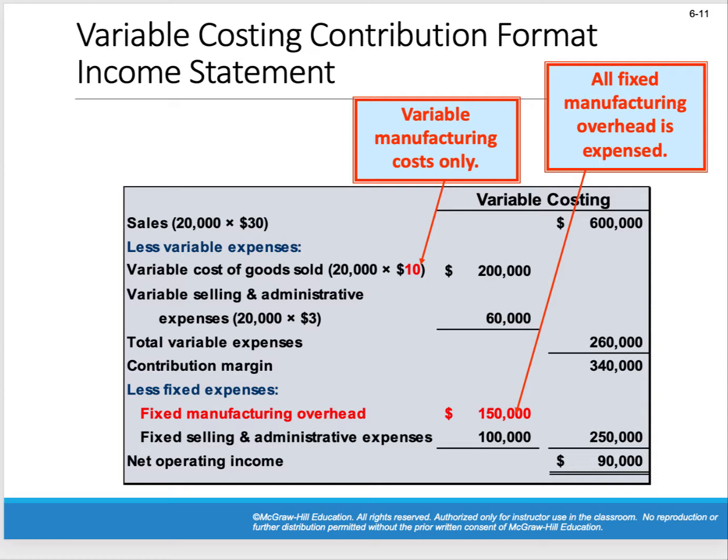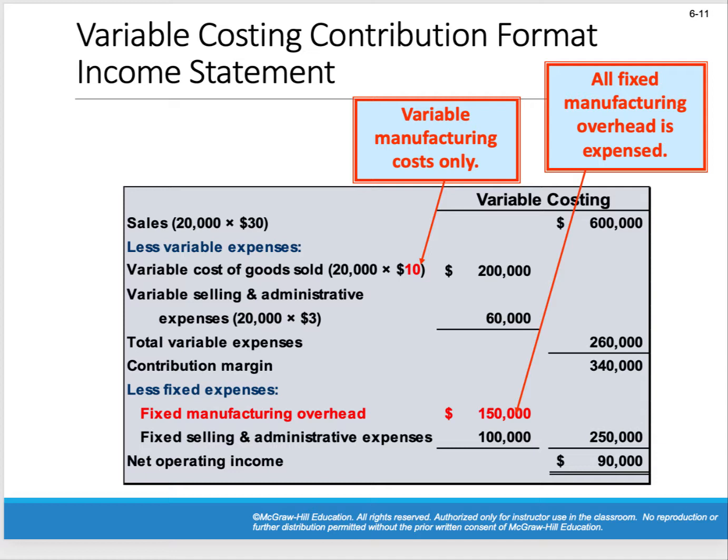Notice the most important things on this slide that they're telling you. Number one, since we're doing variable costing, we got to use the contribution format income statement. Number two, whenever you're trying to calculate the variable cost of goods sold, you got to use the variable manufacturing cost only.